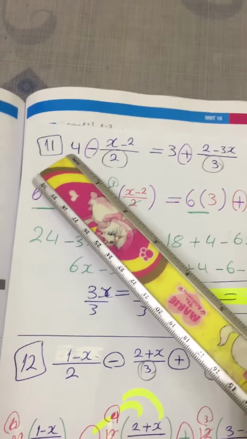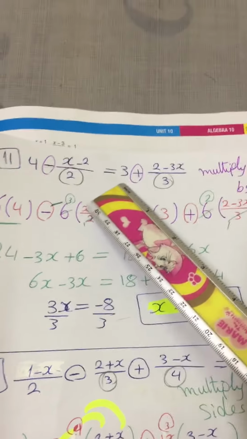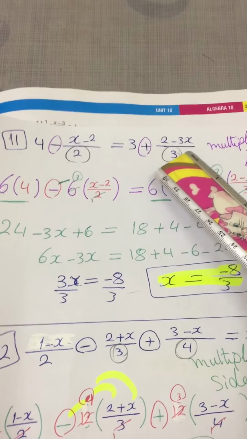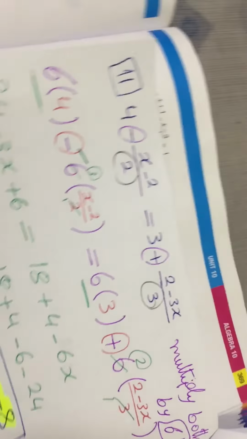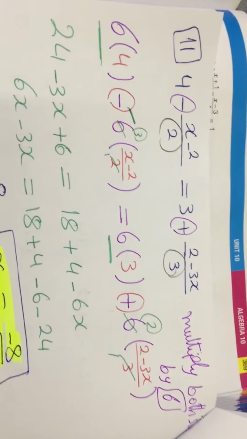In number 11 we have 4 minus (x minus 2) over 2 equal, the right side is 3 plus (2 minus 3x) over 3. Look carefully here. Look to the denominator. What is the number? I can multiply both sides of the equation to clear the denominator.